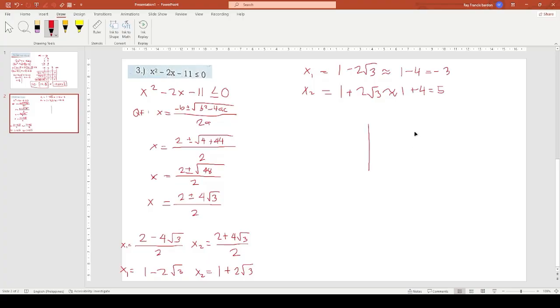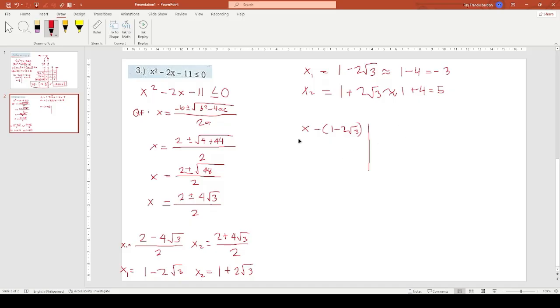So let's try. Ito is x minus, right, 1 minus 2 square root of 3. This is the first one.